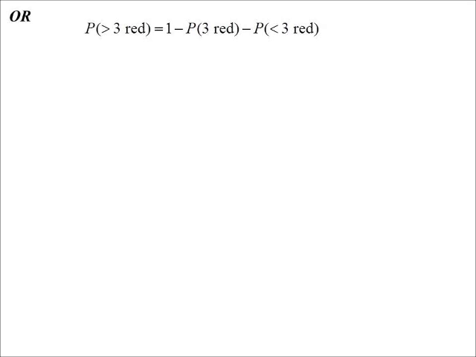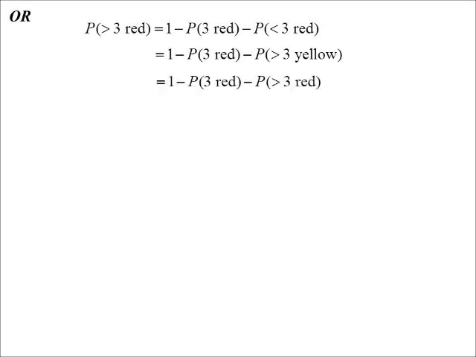You see, the probability of less than 3 red is the same as the probability of greater than 3 yellow, because if you've got less than 3 red, you must have more than 3 yellow. And it's equally likely, as there were 12 red and 12 yellow. So the probability of more than 3 yellow is the same as the probability of more than 3 red.